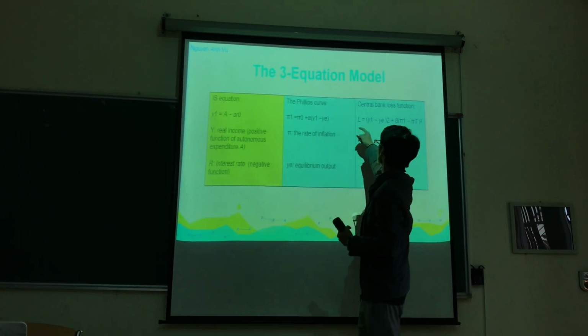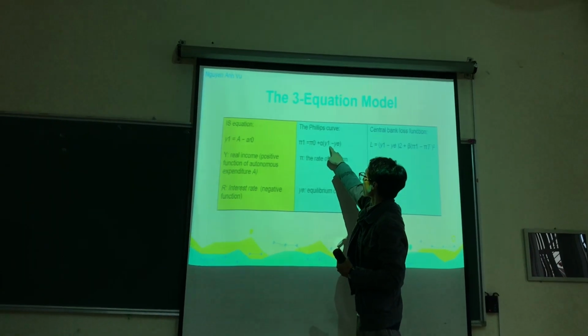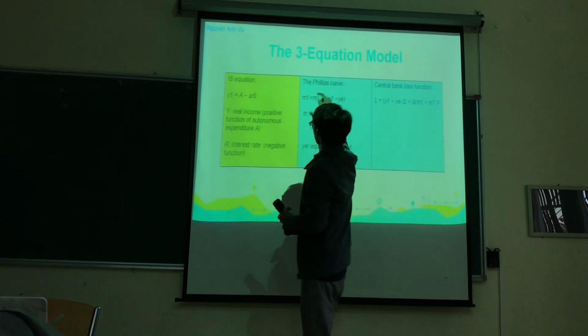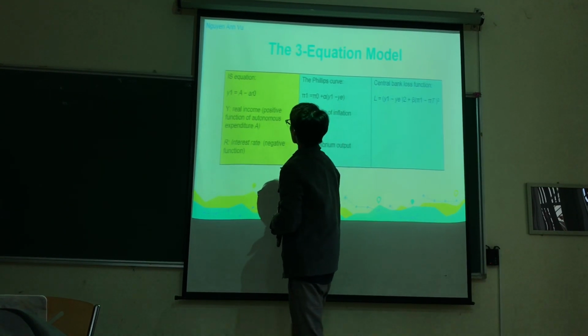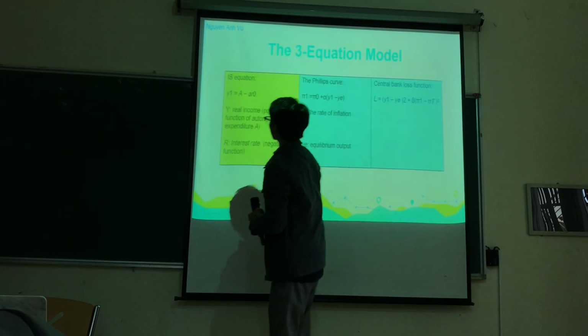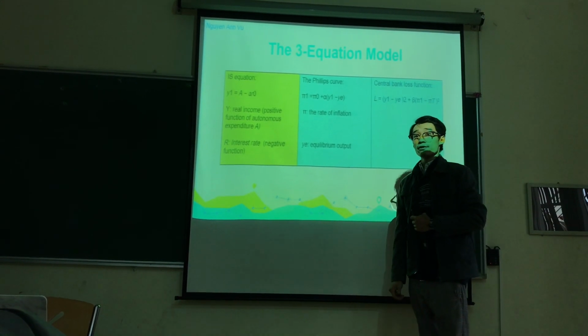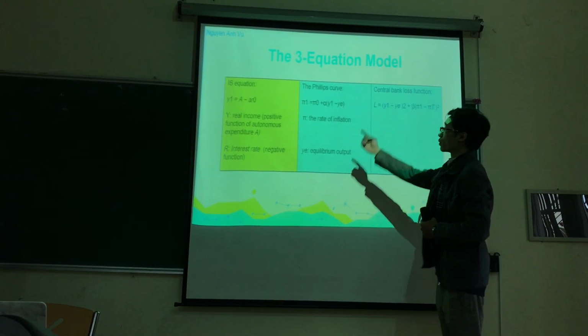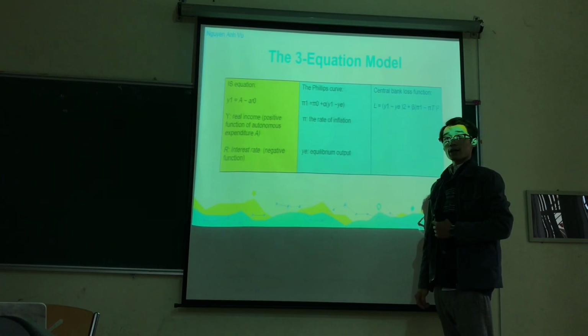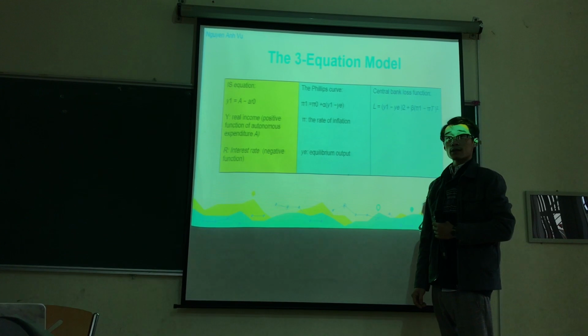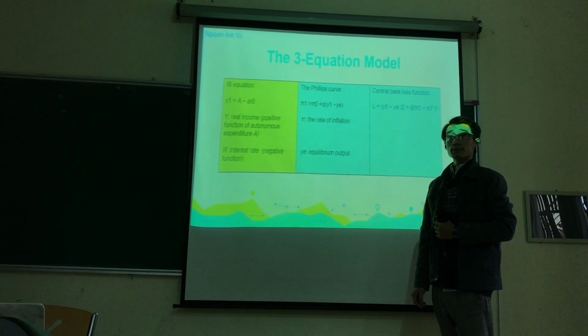As you can see here, Y and Y-equilibrium are here, and also the interest rate here. We use P as inflation. So with the output and the inflation, we can calculate the policy that has been applied to the monetary system.